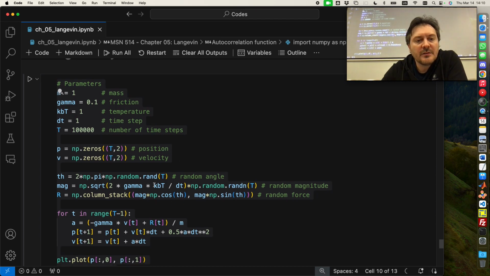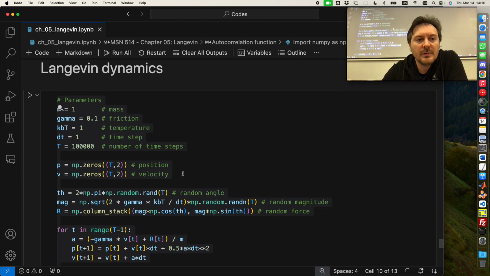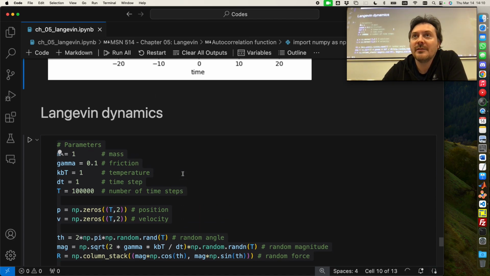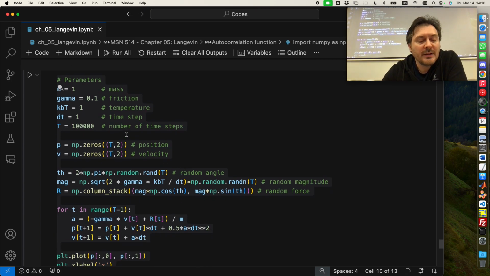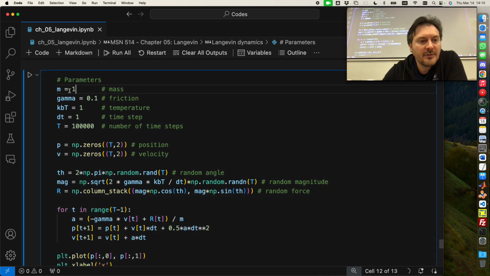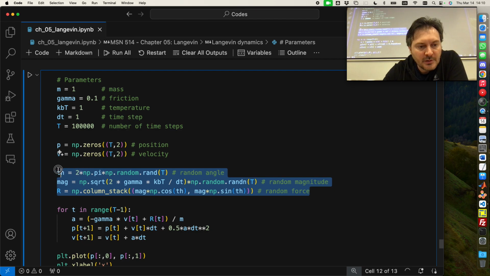Did we talk about this code? Langevin dynamics. All the codes look similar, so you might be confused, but let me tell you what's going on here. We have some mass, gamma, kBT, delta t, t, number of time steps, etc. We start with positions and velocities, and then I want to point out this part.